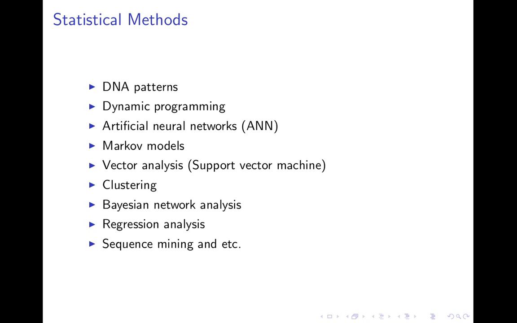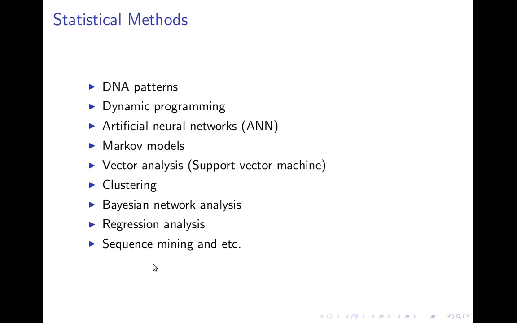And these are the different statistical methods, on which I perhaps need to talk more and more because I am a statistician. We use all these methods in order to understand the genomic information of any given species. We have clustering, vector analysis, Markov chain models, artificial neural networks, Bayesian network analysis, regression, and sequence mining.